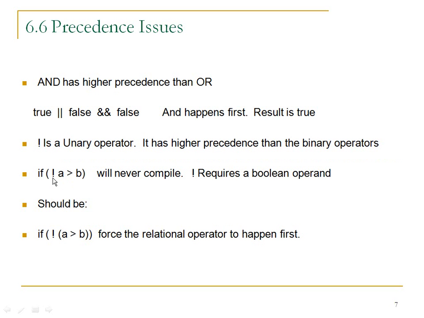So most of the time when you see the not operator used with relationals, you will see the relational operator being forced to happen first using the parentheses. So if we're looking for not A is greater than B, then you have to force the relational to happen first. And that can be a sticking point.